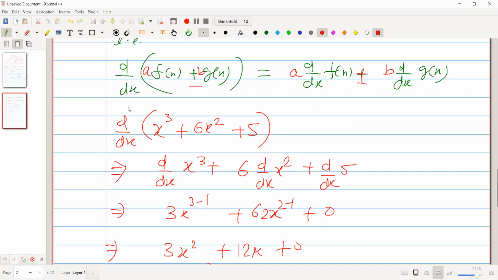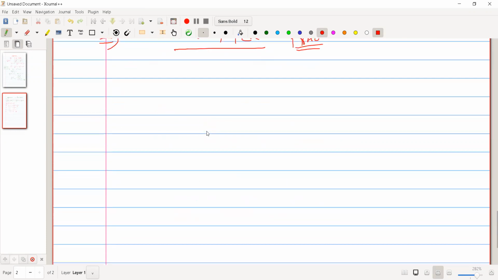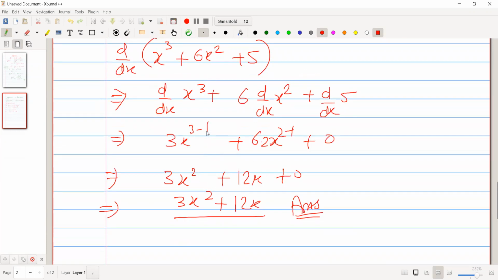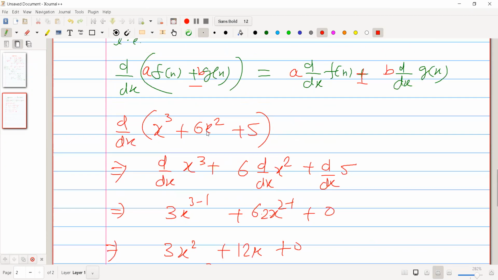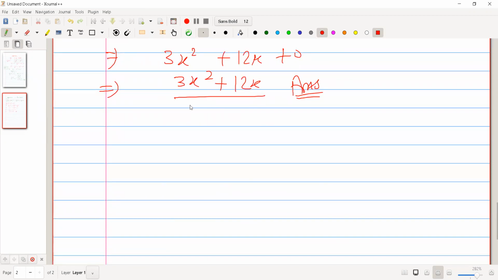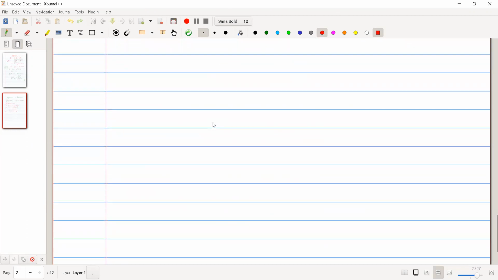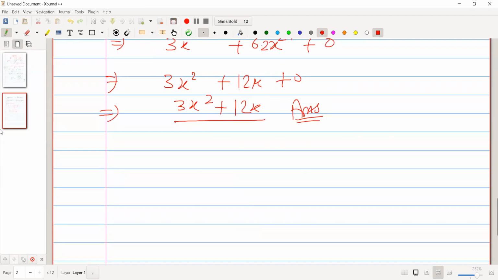This way we can find the derivative. And if you extend that, one more polynomial separately, similarly you can find the derivative. Okay, so I hope you understood this concept. So let us move on.